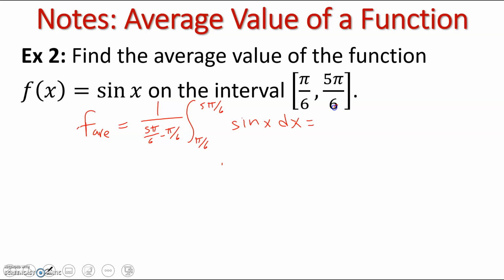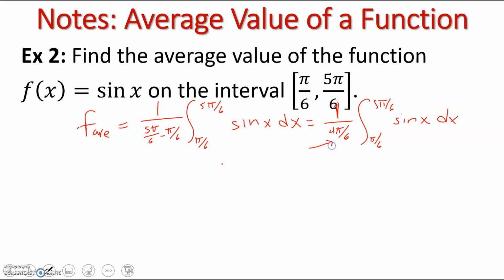Now this becomes 1 over 4 pi over 6, times the integral from pi over 6 to 5 pi over 6 of sine of x dx. But note that 4 pi over 6 reduces to 2 pi over 3.